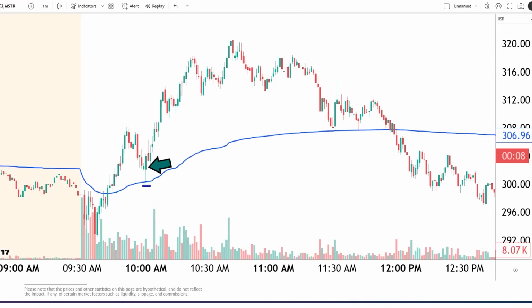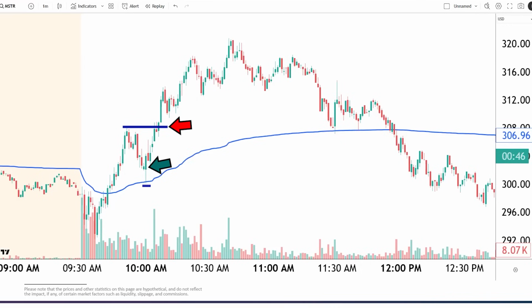Now your stop is going to go below the most recent pullback low, which oftentimes is at VWAP or just below VWAP. And you're going to set a profit target of the previous high of day, where that first pullback started from. You're going to take profits there because that's the next potential area of resistance.